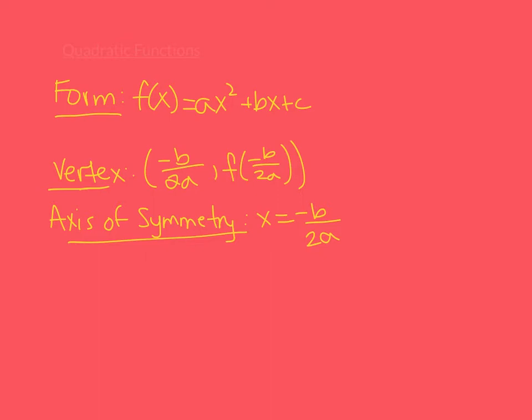The last thing is that you probably know that the graph of a quadratic function is called a parabola. And the parabola opens up if your a is greater than 0, if it's positive. In that case, your vertex will be a minimum point.